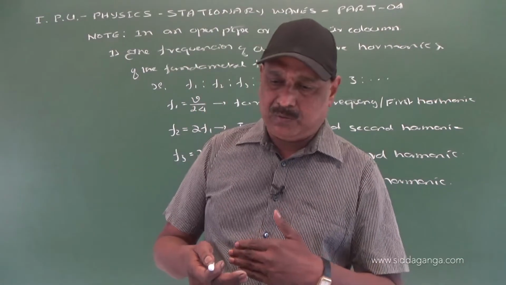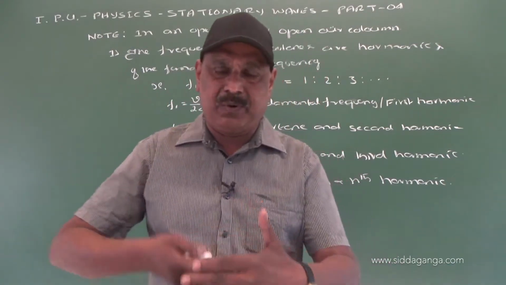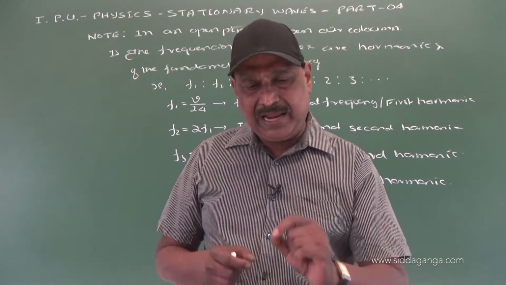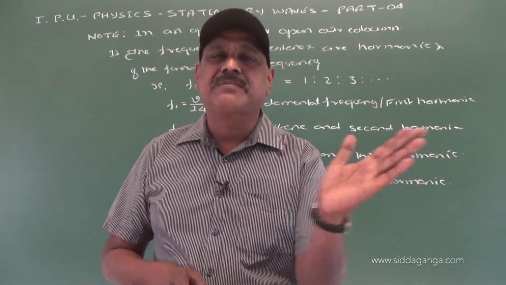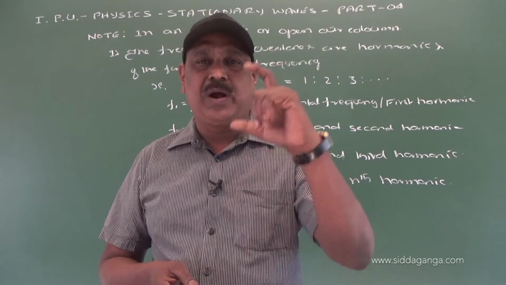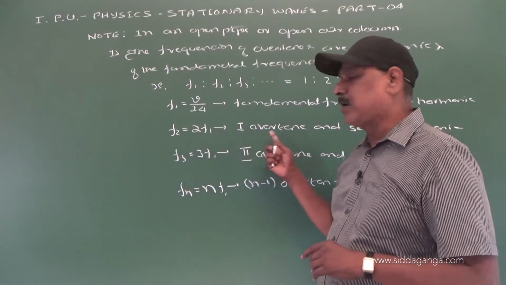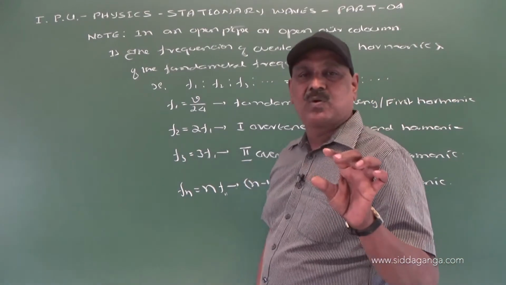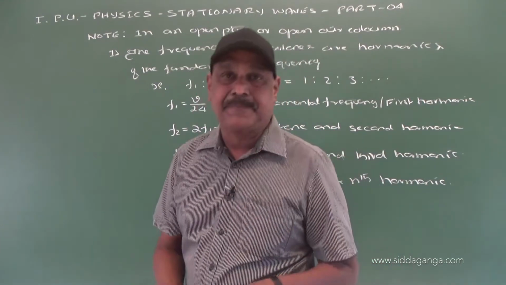So when we go from the fundamental mode to the second mode, third mode, fourth mode etc., one node and one antinode increase from the fundamental mode. In the fundamental mode, there is one node and two antinodes. In the first overtone or second harmonic, the number of nodes formed is 2 and the number of antinodes formed is 3.